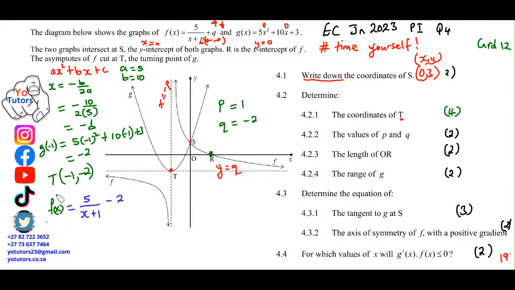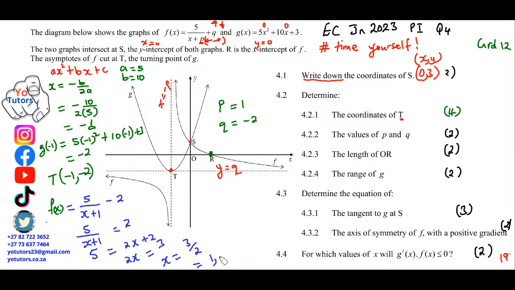Then if we equate this to 0, we're going to have 5 over (x plus 1) is equal to 2. Okay, then we take that to the other side. 5 is equal to 2 times (x plus 1), which is 2x plus 2, so 2x is equal to 3, x is equal to 3 over 2.